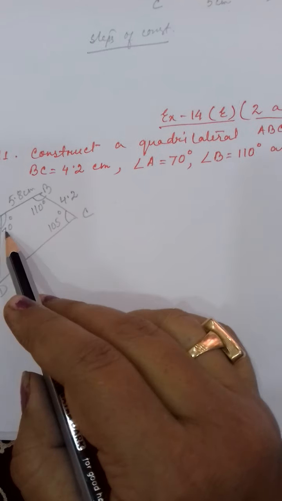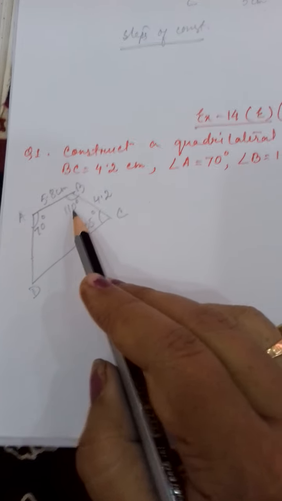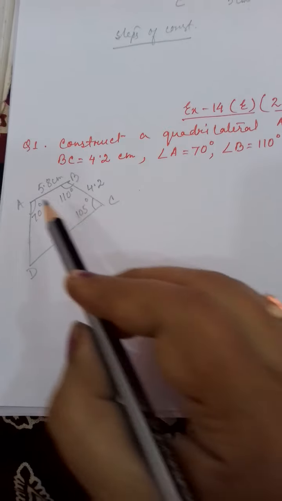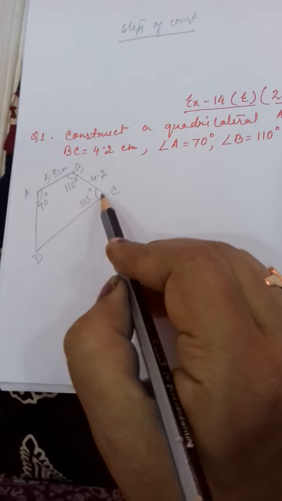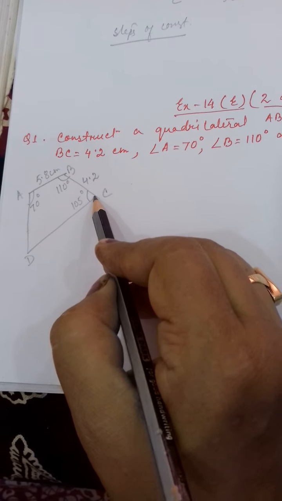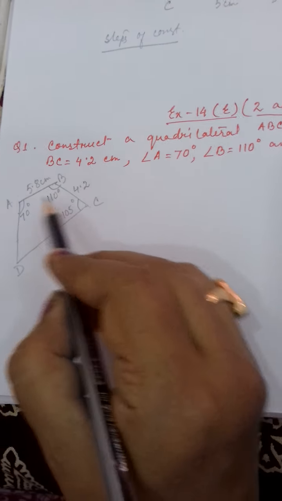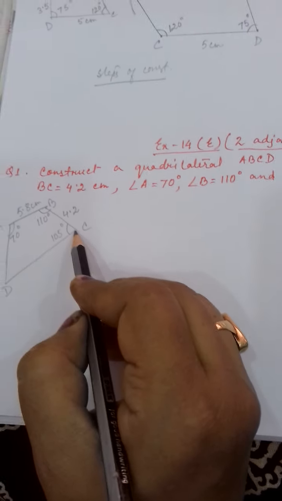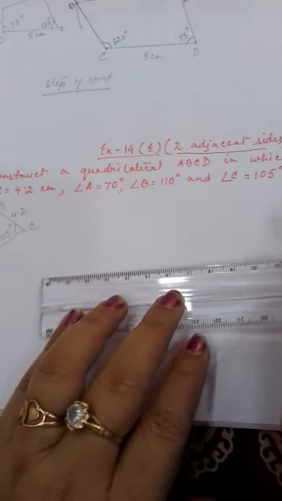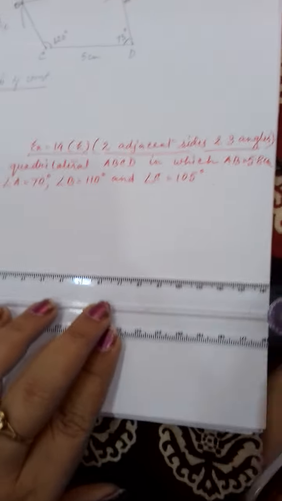Clear or not? Angle A is 70 degree, angle B is 110 and angle C is 105. Here, out of these two line segments, any one you consider as the baseline, because at both the line segments' endpoints there are angles. Got it? So consider any one as the baseline.